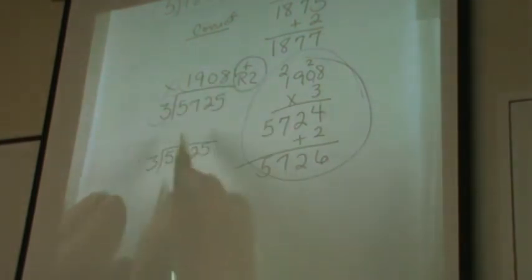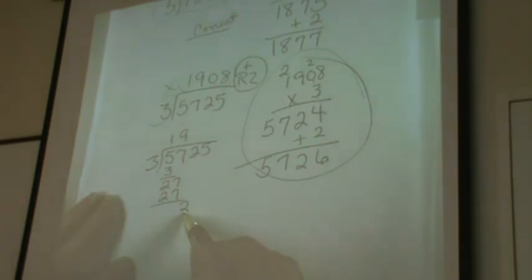3 into 5 is 1. Subtract it. 3 into 27 is 9. 9 times 3 is 27. Bring the 2 down. 3 into 2 is 0.